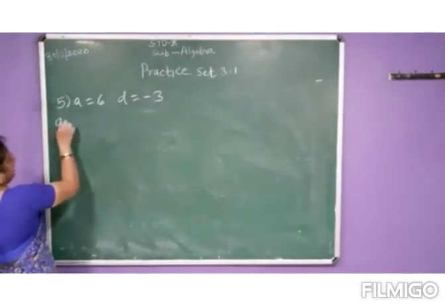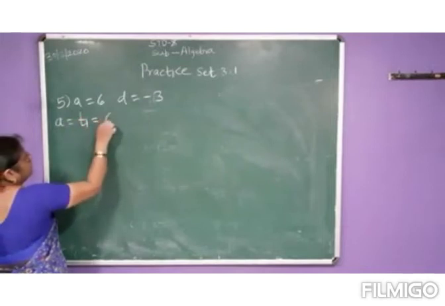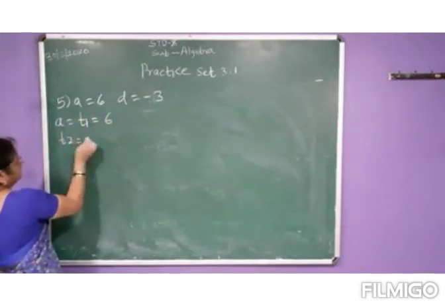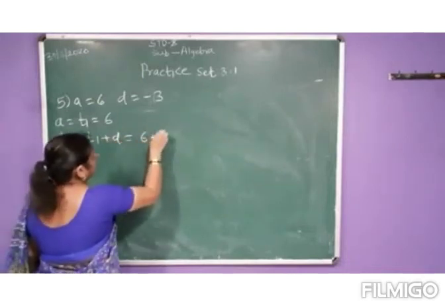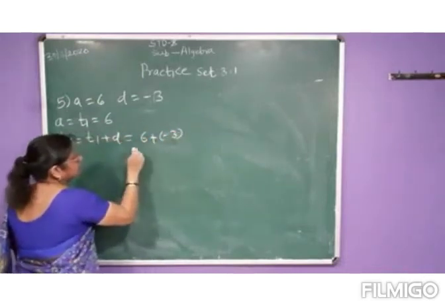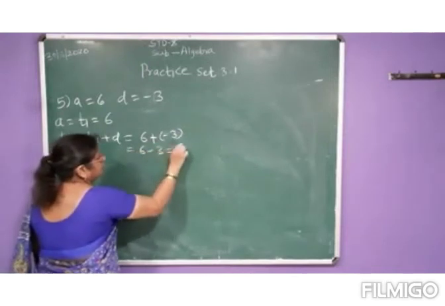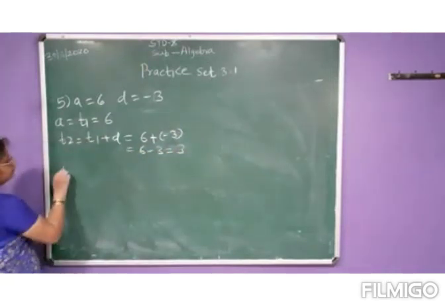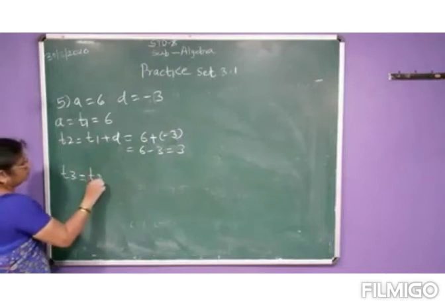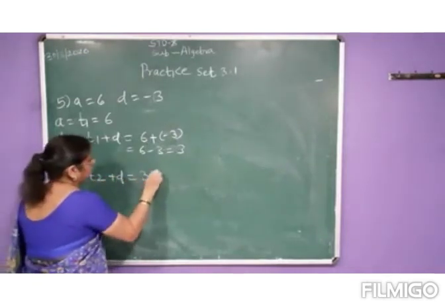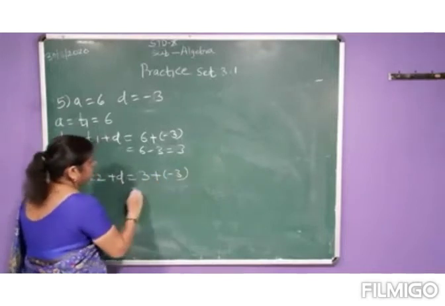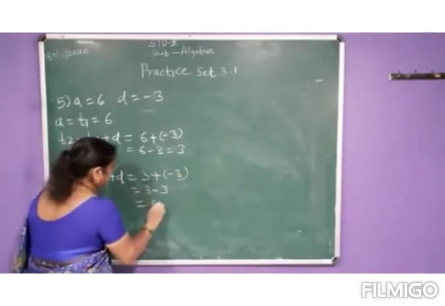Now see, T1 is equal to 6, T2 is equal to T1 plus d, 6 plus minus 3. Now plus minus is minus, so what answer will you get? 3. Now T3 is equal to T2 plus d. T2 is 3 here, 3 plus minus 3. 3 minus 3, you will get 0.